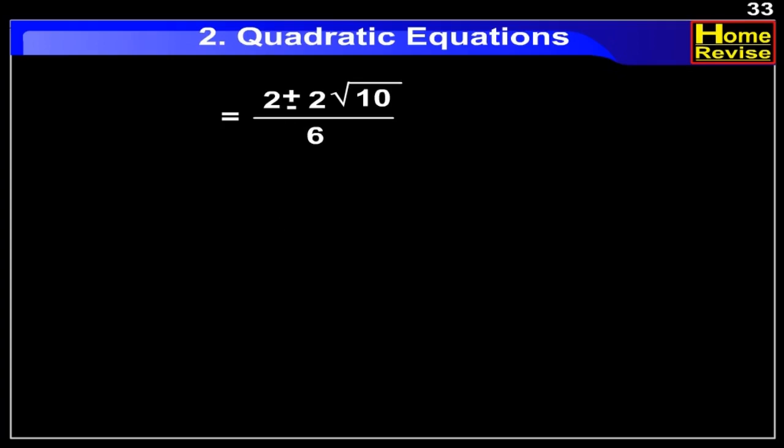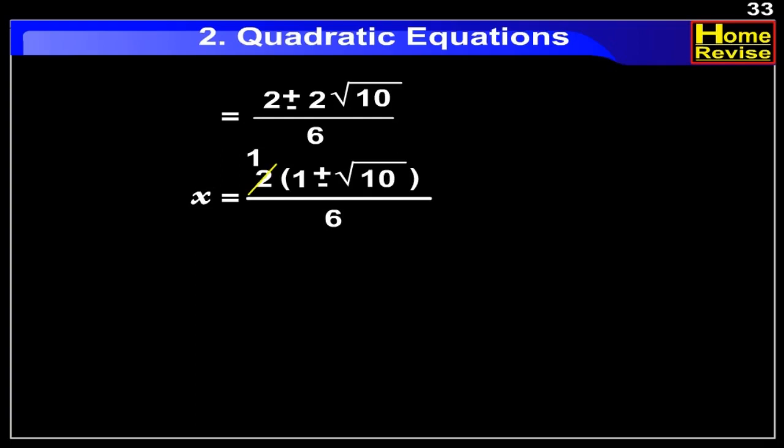Taking out 2 common, we get x = 2(1 ± √10)/6. 2 ones are 2, 2 threes are 6. Therefore, x = (1 ± √10)/3.